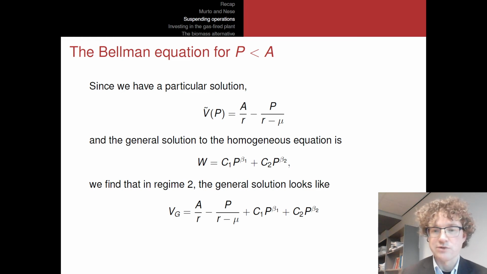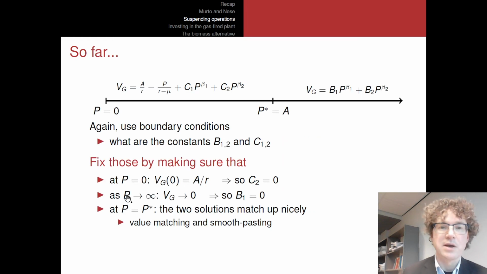So this is the general solution to that particular equation. That's useful. We have now solved what the Bellman equation looks like in the regime where the plant is actually producing. So in this left-hand regime where the gas price is below the electricity price, the value function looks like this, with this production term plus these option terms, if you wish.